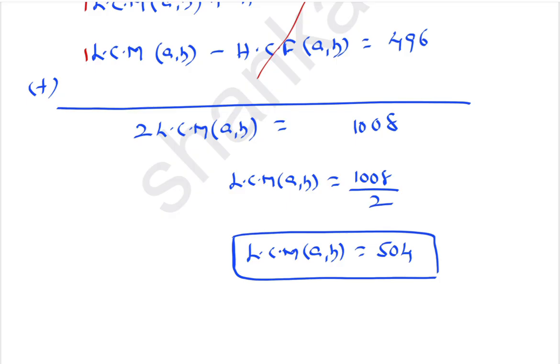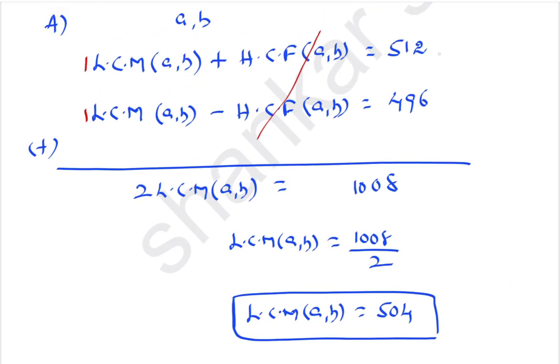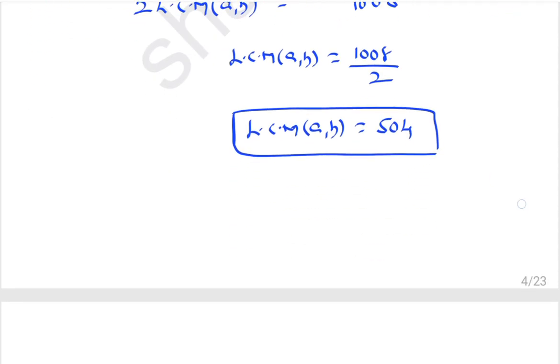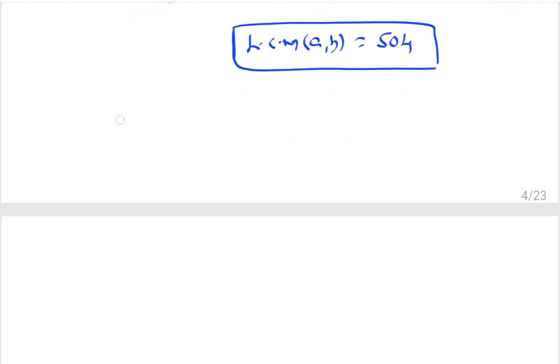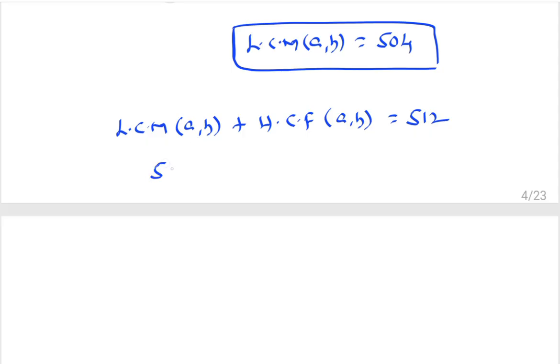On substituting this value in equation 1 or equation 2, what is equation 1? LCM of a, b plus HCF of a, b is equal to 512. సో ఇప్పుడు నేను ఎల్సిఎం నాకు వచ్చింది కాబట్టి దీనికి బదులుగా ఐ యామ్ రైటింగ్ 504 ప్లస్ highest common factor of a, b is equal to 512.